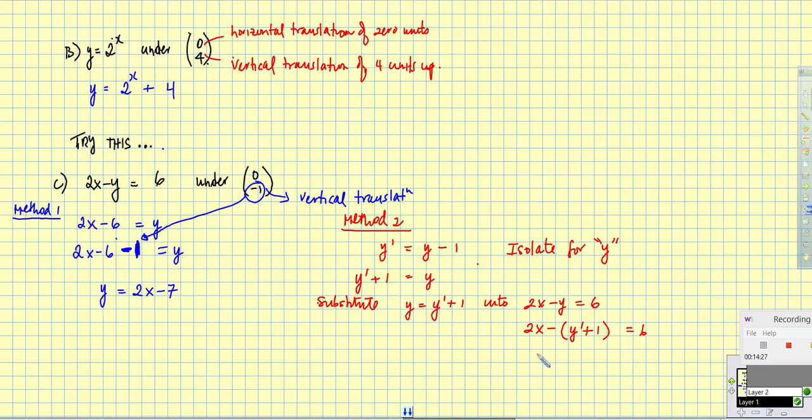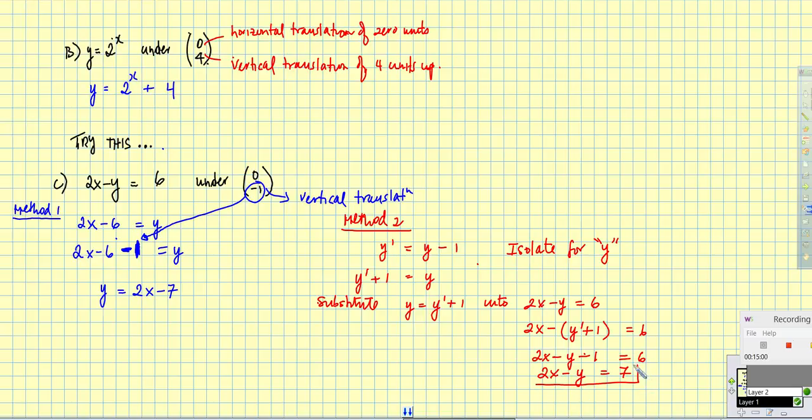Because I don't care about y prime anymore at this point, as this is my new value of y and will be my new function, I can change it automatically to y. So it goes to 2x minus y minus 1 equals 6, so that we end up getting 2x minus y is equal to 7. And therefore, I have my solution right there.